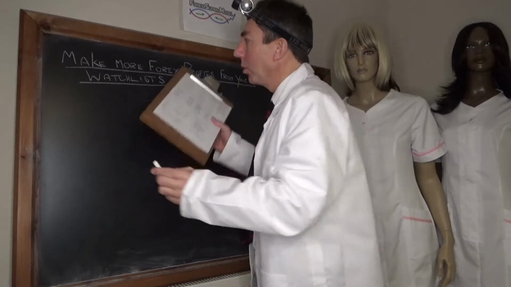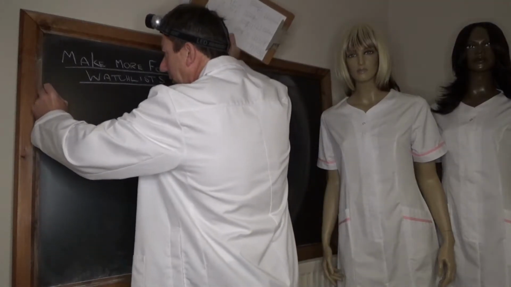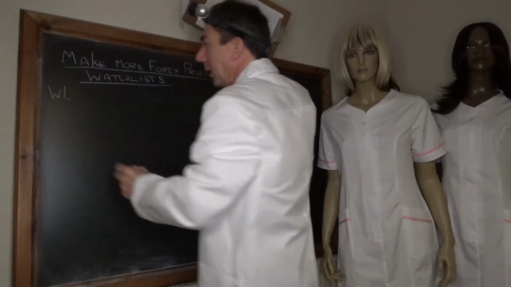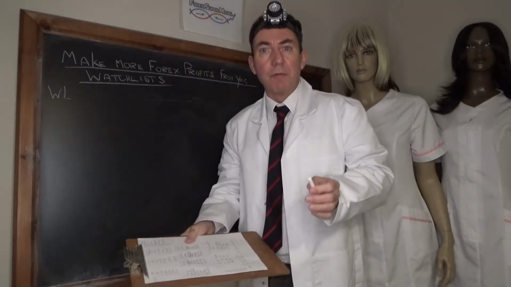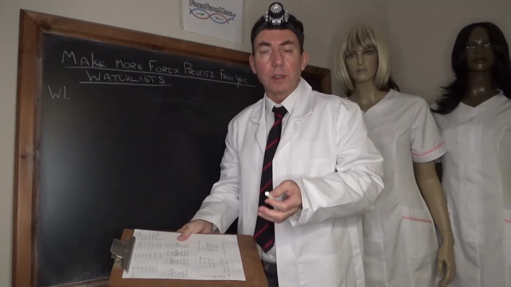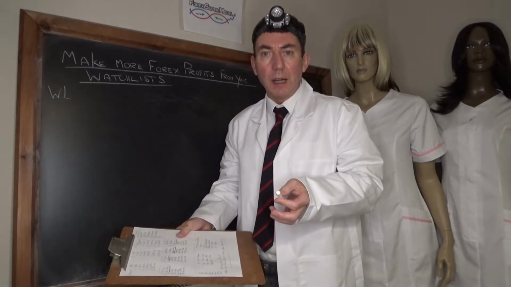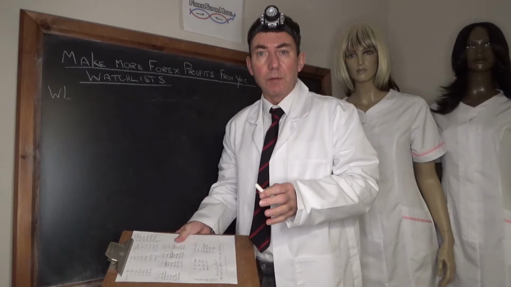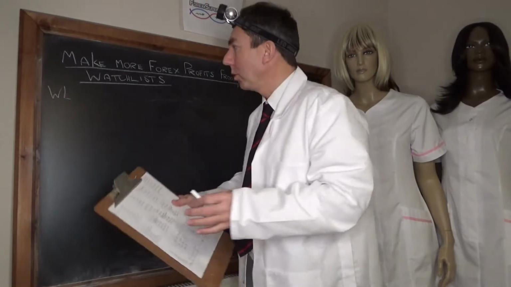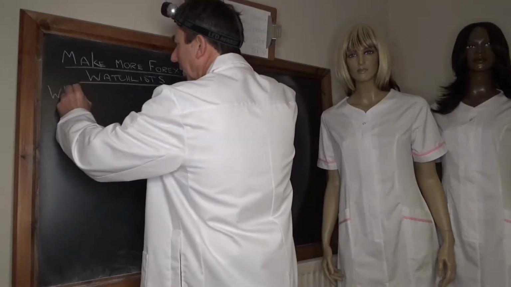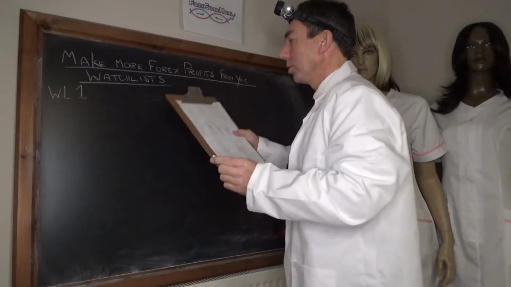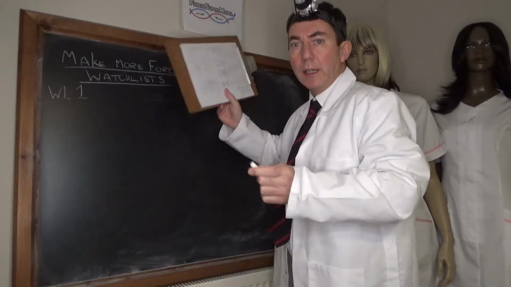A good place to start is watch list 1. Your Forex watch lists are normally going to have seven pairs in them, and we'll talk about the remainder at the end.